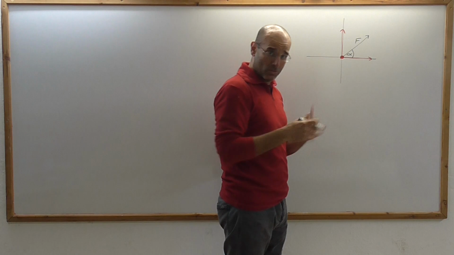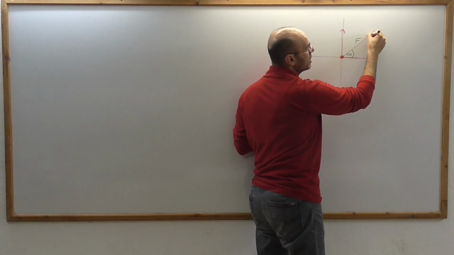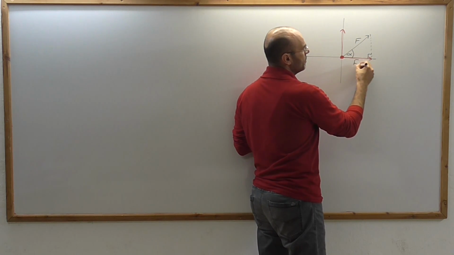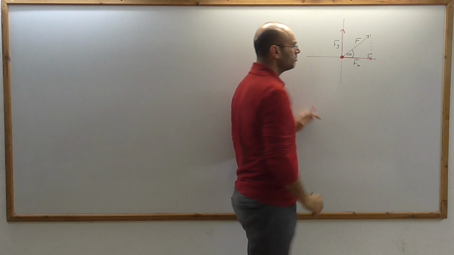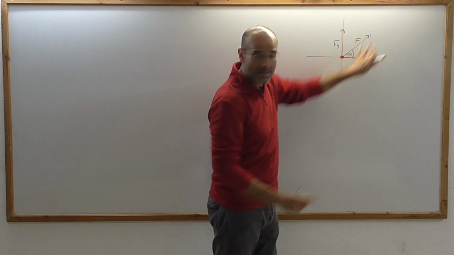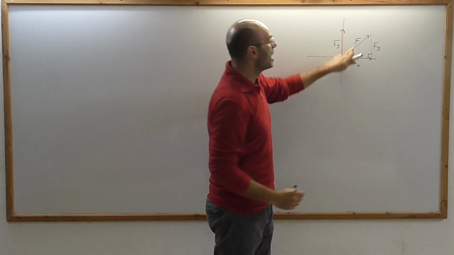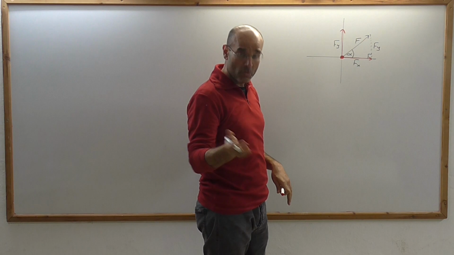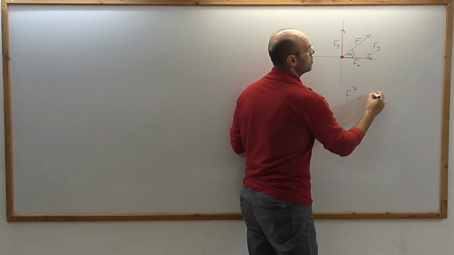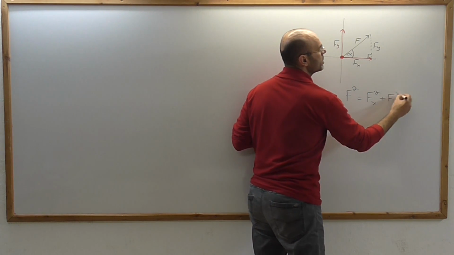Now what's the idea to calculate this F and alpha? If we close a triangle here, let's call it Fx and Fy. Fy, this vector is exactly the same as this one in its magnitude, so this is also Fy. And the F we get through the Pythagorean theorem, which means F squared equals Fx squared plus Fy squared.